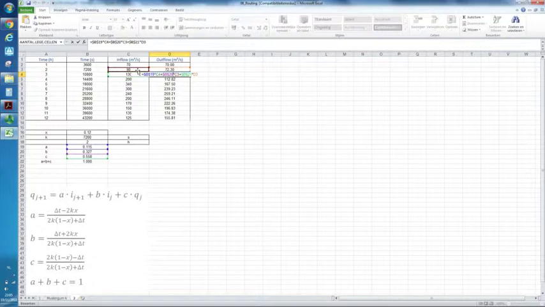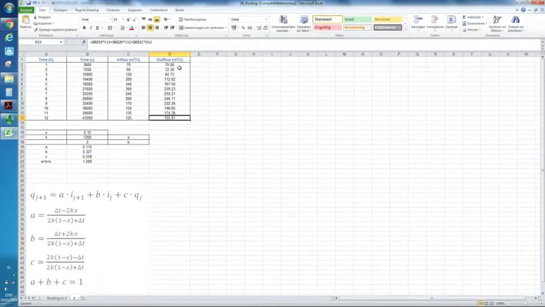A multiplied with Ij plus 1, B multiplied with Ij, and C multiplied with Qj. Let's have a look at one of the next. Here it's A multiplied with Ij plus 1, B multiplied with Ij, and C multiplied with Qj. So that's correct.